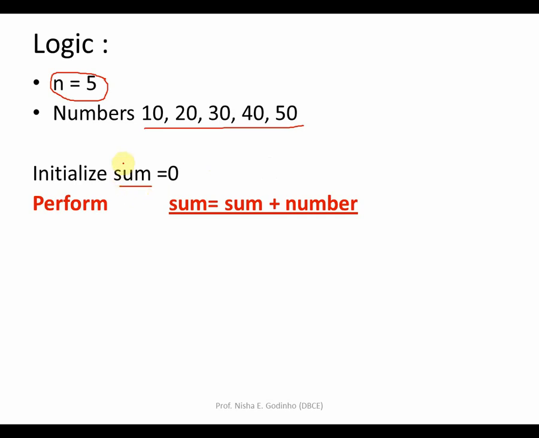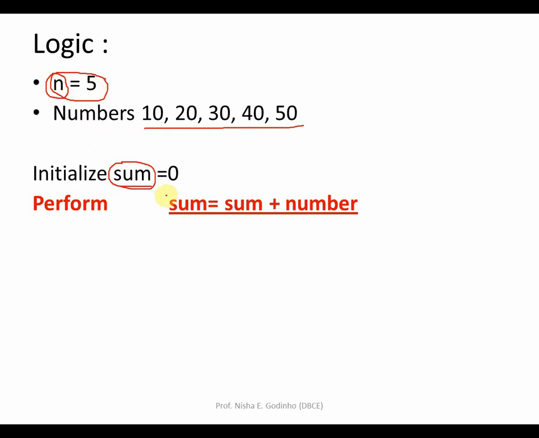In this case the result will be stored in the variable sum, and the variable n will store the total number of numbers to be added. In the example on the screen, the n value is 5, which means there are 5 numbers to be added.